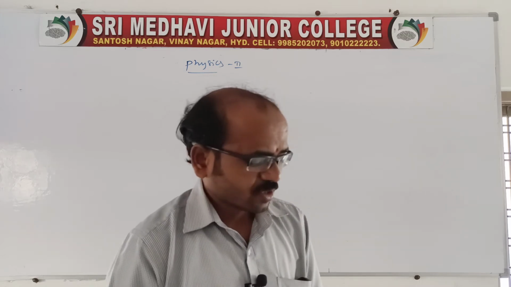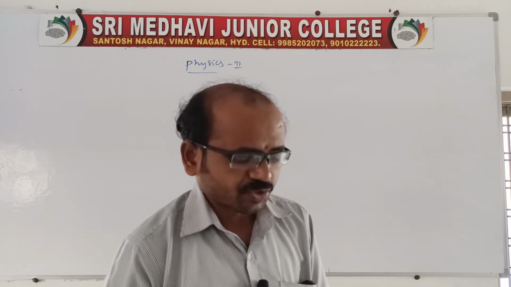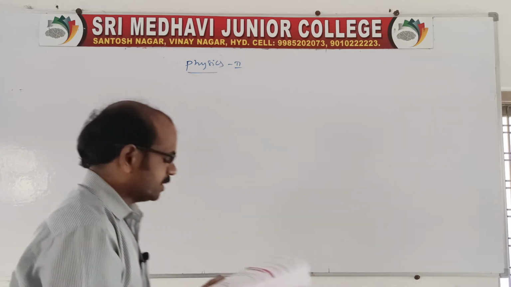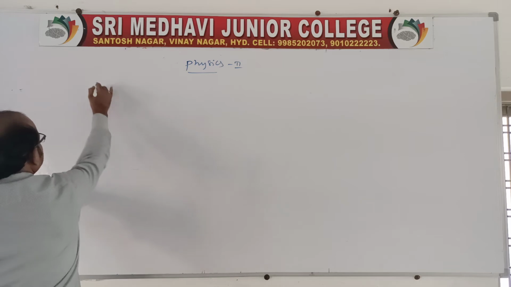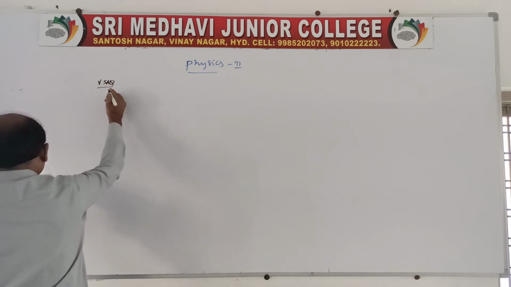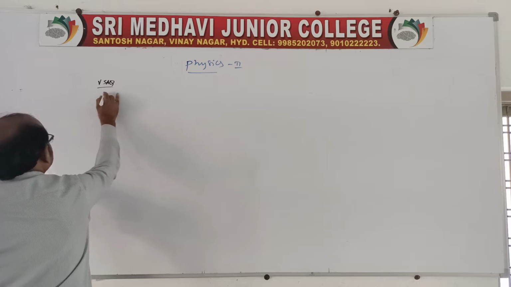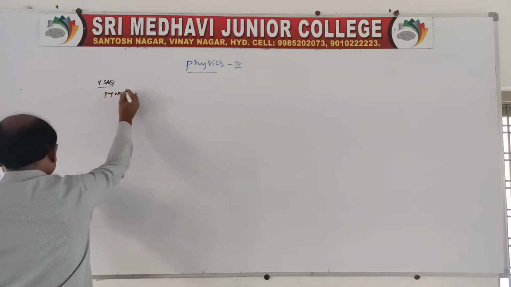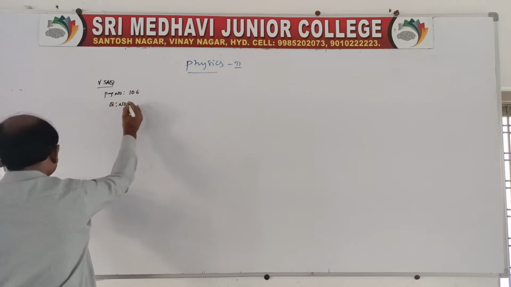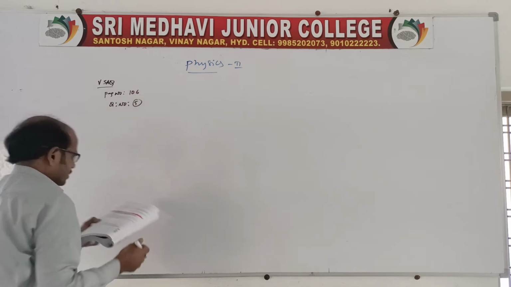Question number 5 is: what happens to the force between the two charges if the distance between them is halved or doubled? It is a very short answer question, VSAQ, page number 106, question number 5. Again I'll read the question.